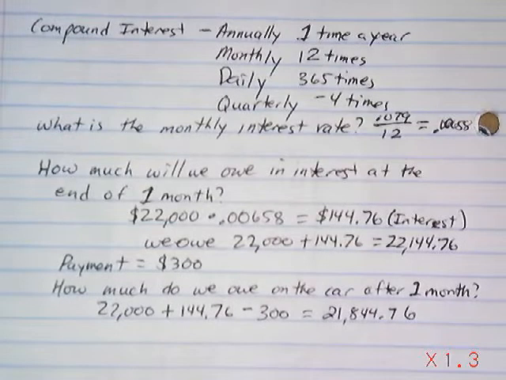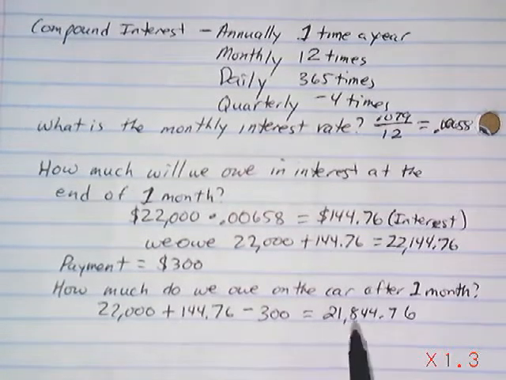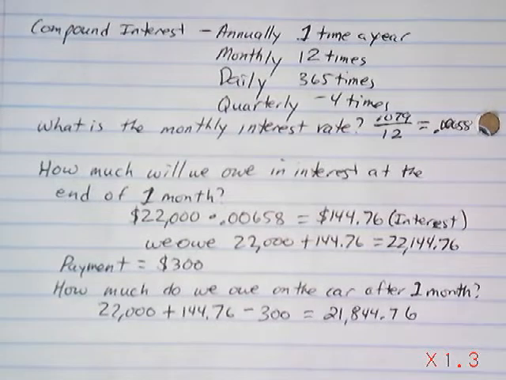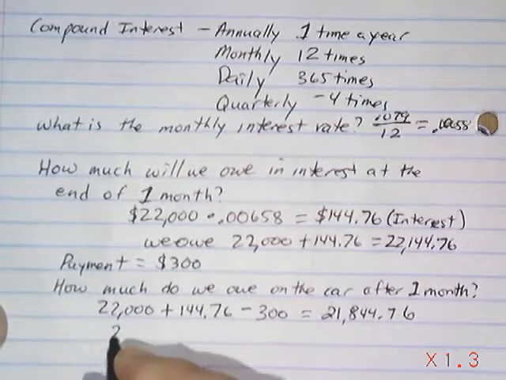We could continue that process until our loan was down to zero and we were done paying it off. If we wanted to do the third month, we'd start here, multiply by 0.00658 again, and the process would continually repeat itself.